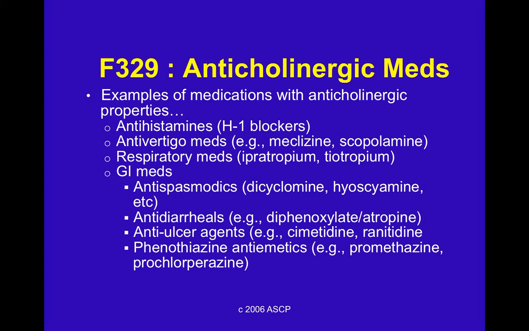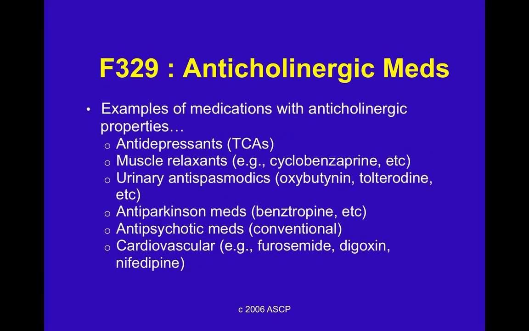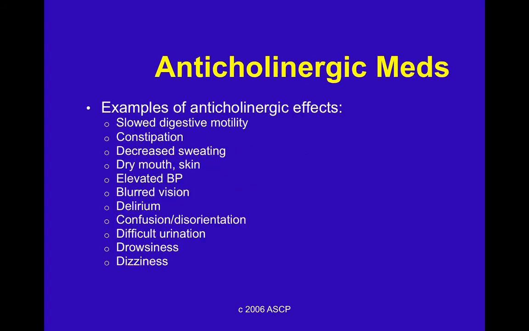Another thing that should be considered is the appropriate use of anticholinergic medications. This is just a list of some common anticholinergic medications, but we know they have been associated with causing things such as constipation, digestive problems, decreased sweating, and possible blood pressure issues. A lot of them are very lipophilic. They can cross the blood-brain barrier, causing delirium and confusion.